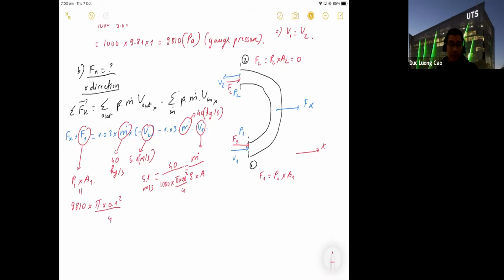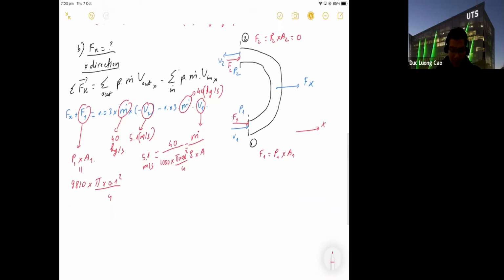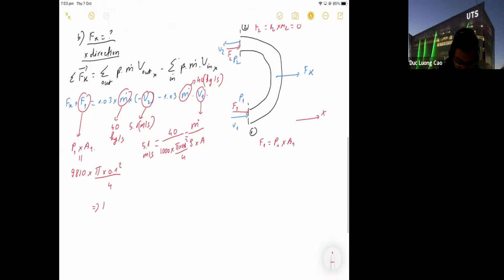You have F1, you have mass flow rate, V2, V1. So you will have Fx is negative 497 Newton. You have Fx is negative 497.